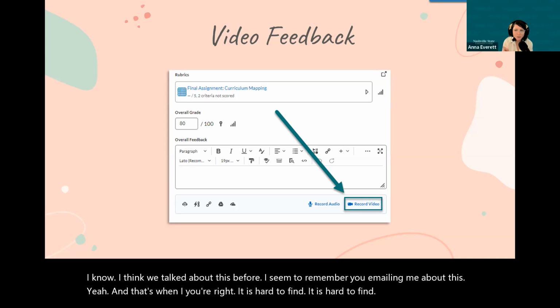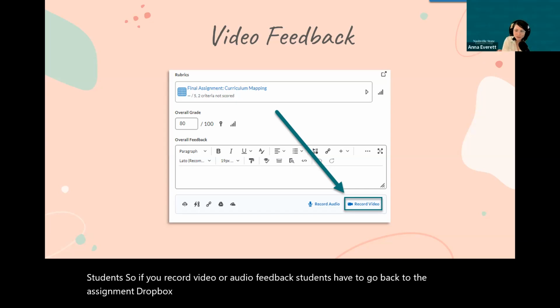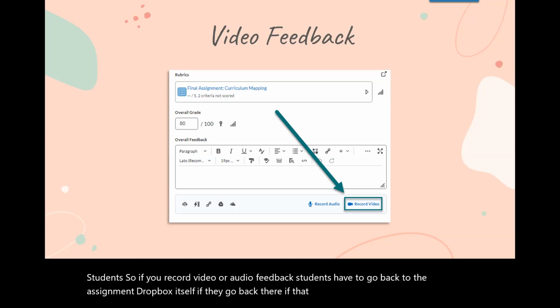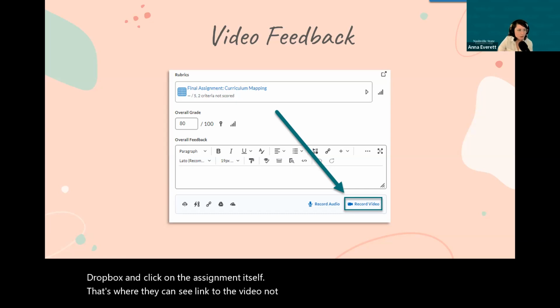If you record video or audio feedback, students have to go back to the assignment Dropbox itself. If they go to the assignment Dropbox and click on the assignment itself, that's where they can see the link to the video, not from grades. If they click on their grade, it's going to take them just to the text feedback.